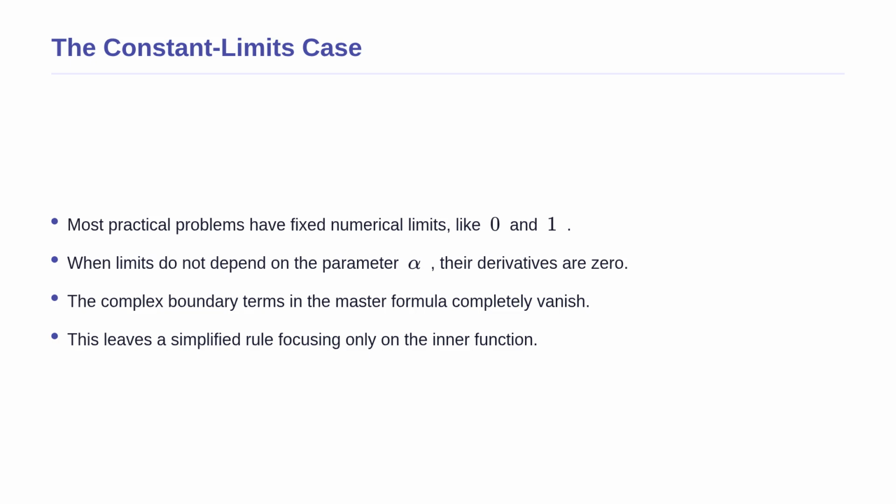Mathematically, the derivative of a constant is exactly 0. This means those two messy boundary terms at the end of the combined Leibniz rule completely vanish. What we are left with is a beautifully simple, highly practical version of the rule that lets us focus entirely on the function trapped inside the integral.